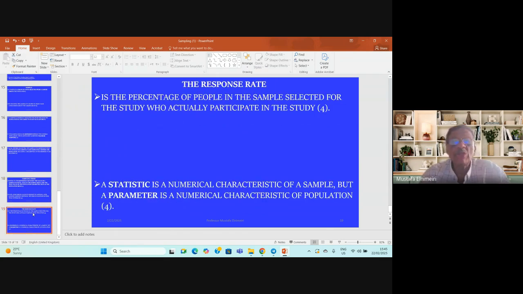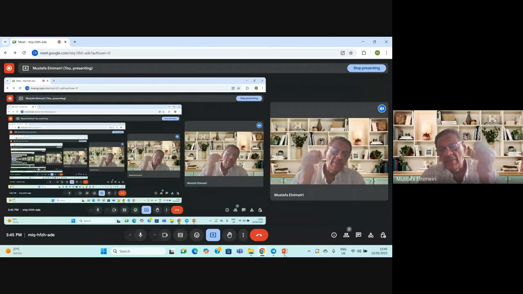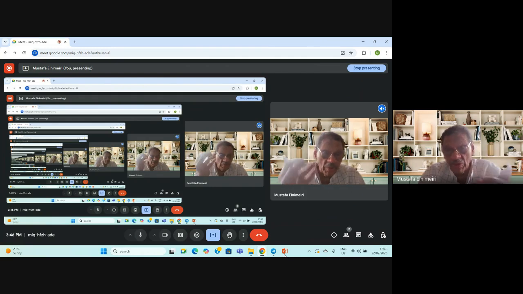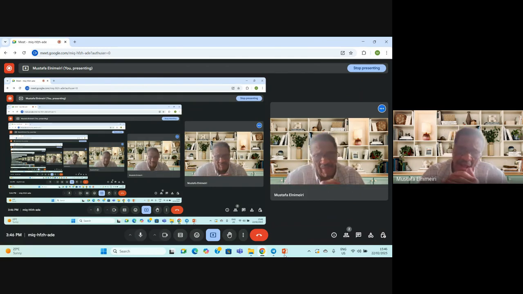We talk about the response rate also, the percentage of people in the sample selected for the study who actually participate in the study. Those are the individuals who participate. It's also important, when we come to estimate the sample size, to care for the non-response rate so that it will be considered in the estimation of the sample size.